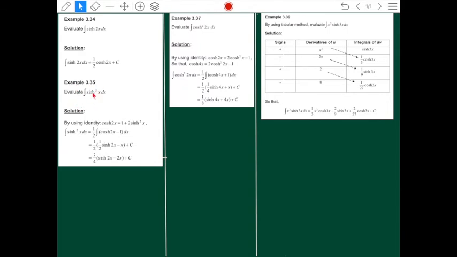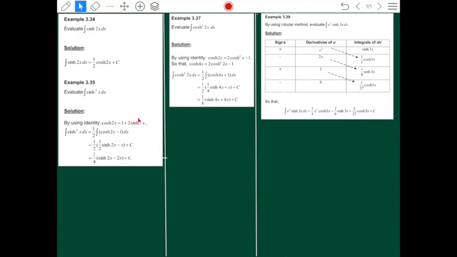Now example 3.35, evaluate hyperbolic sine squared x dx. Here we have the power of 2, so we can use the identity. You can refer to the hyperbolic identity table. The easiest is hyperbolic cos 2x equals 1 plus 2 sine hyperbolic squared x. So we bring 1 over here, and it becomes cos hyperbolic 2x minus 1.